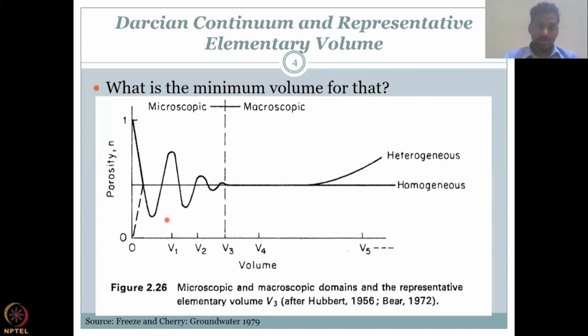So this is the accurate porosity, which is the average of the noise after a particular volume. This volume is very important, and it is called the representative elementary volume. In a microscopic view, the volumes are very small, and that is why it's called micro. In a macro view, the volume is big and all the porosity noises are averaged out.